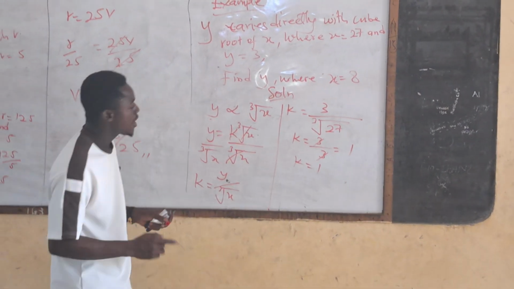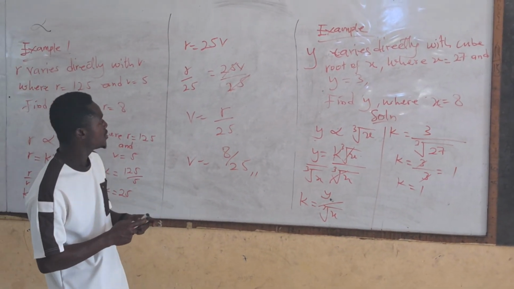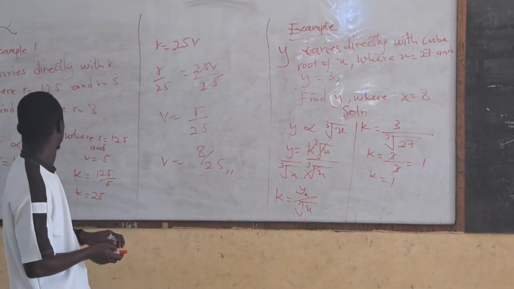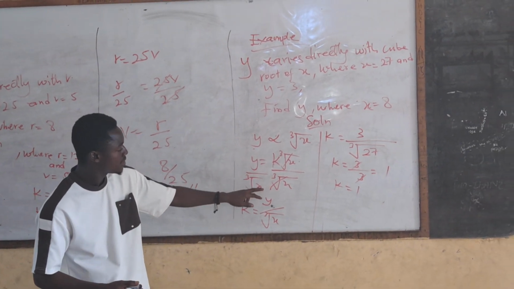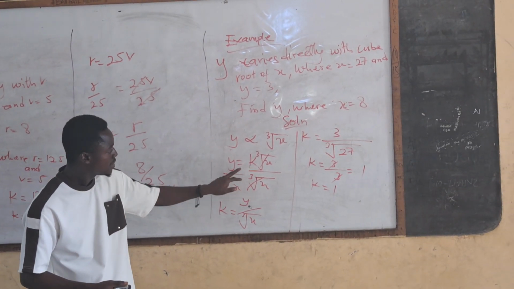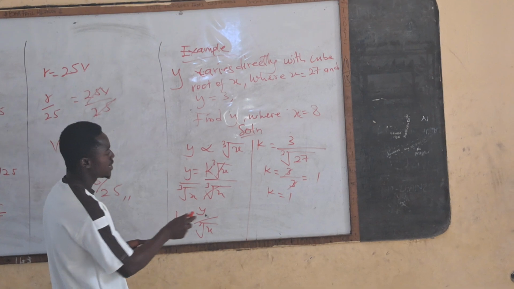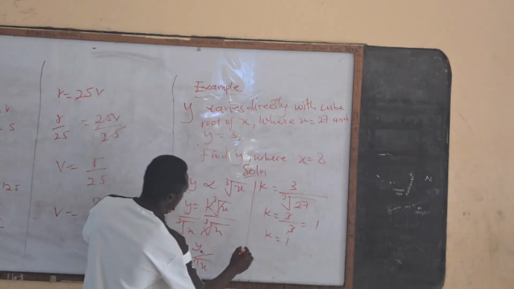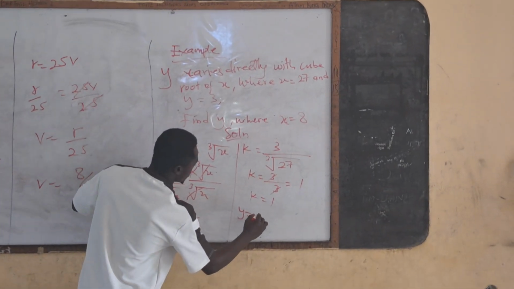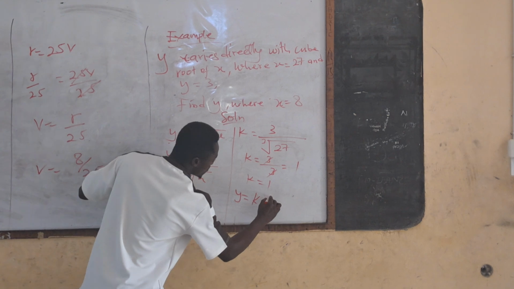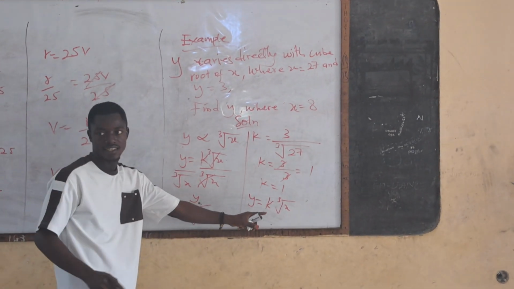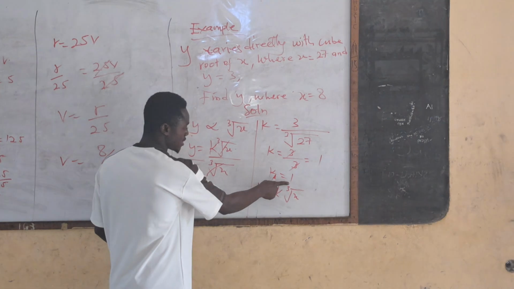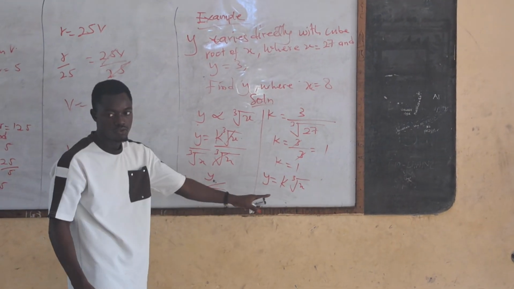Once you have gotten your constant value, you go back to the question and substitute k back. So the equation was y equals k multiplying the cube root of x. Now we have gotten k. Therefore substitute k back into the equation.